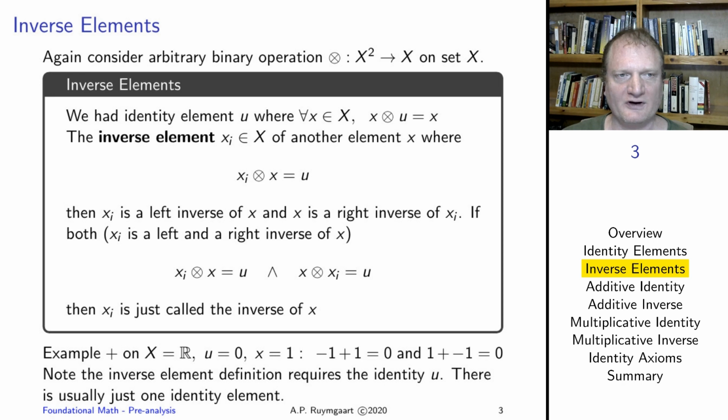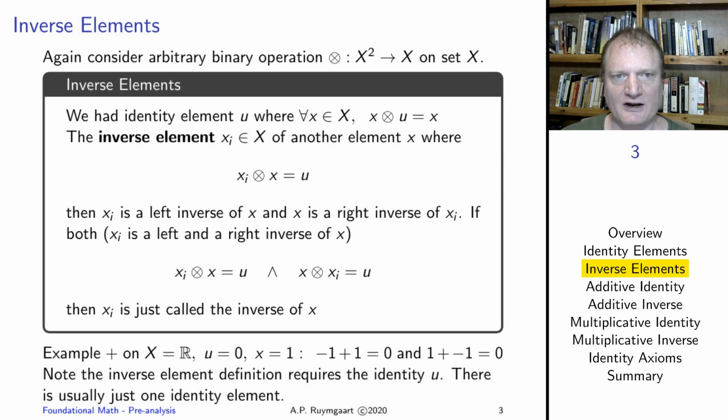Now that we know what identity elements are, we can define inverse elements. An inverse element xi is an inverse of another element x in the set X if, under the same arbitrary binary operation ⊗ we used before, xi ⊗ x equals our identity element u.